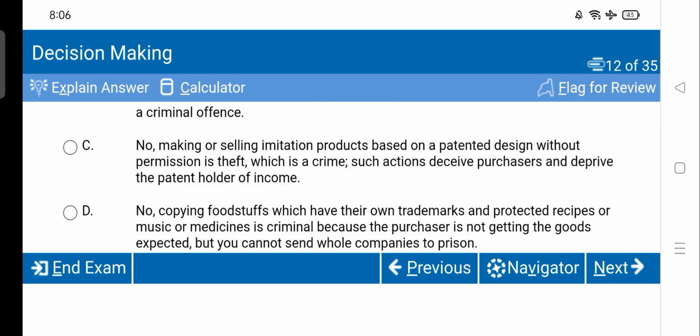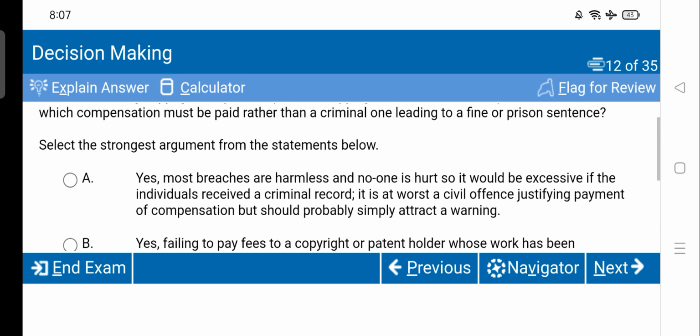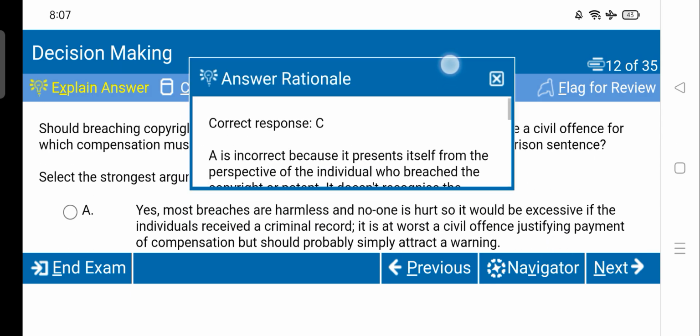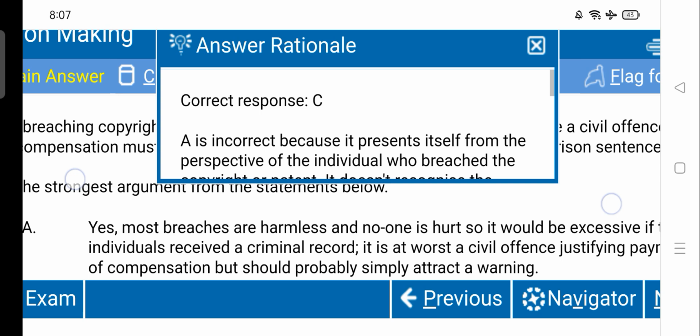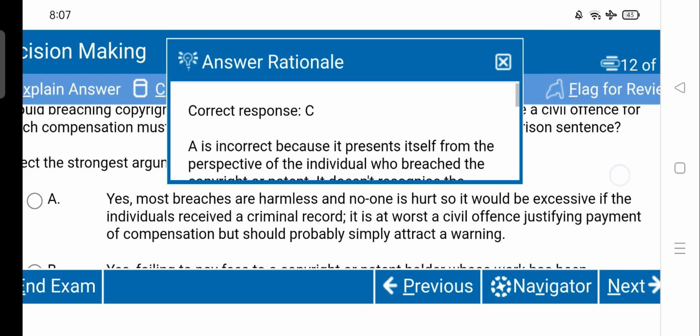Option D, no, copying foodstuffs which have their own trademarks and protected recipes, or music or medicines, is criminal because the purchaser is not getting the goods expected, but you cannot send whole companies to prison. So option C is the correct response, but let's see why the other ones are not correct.